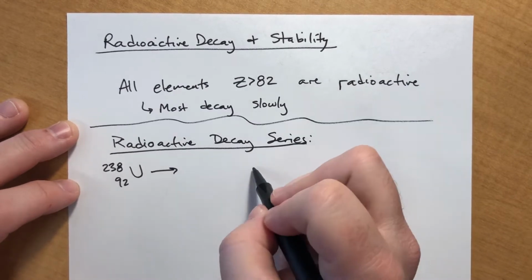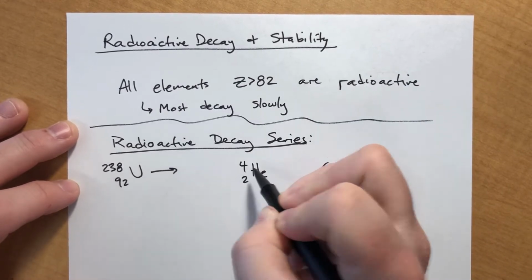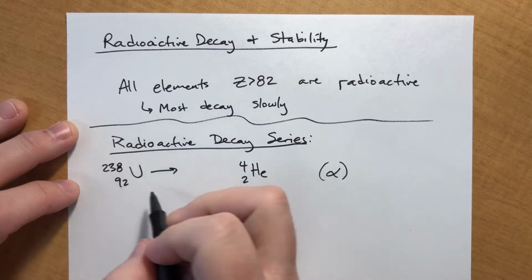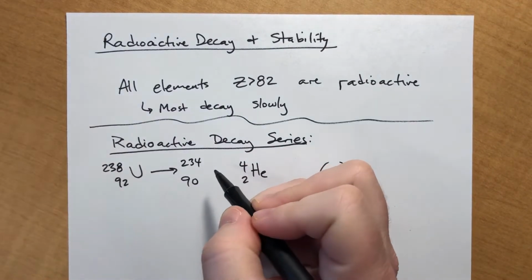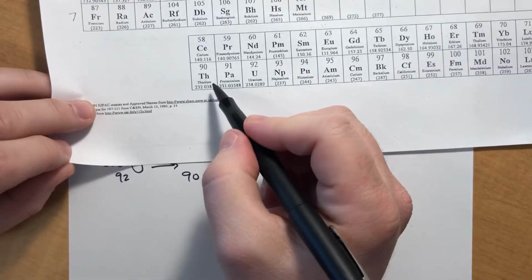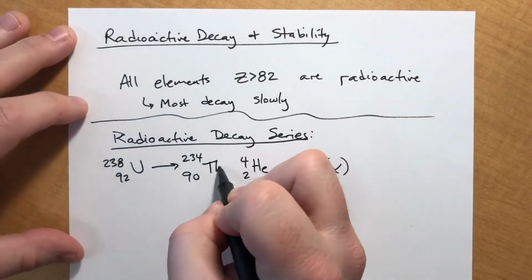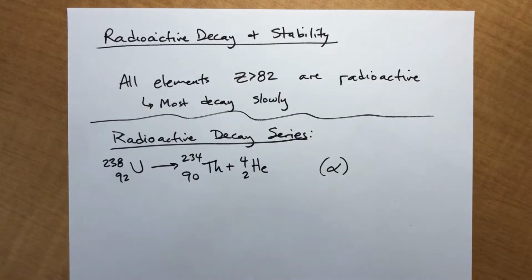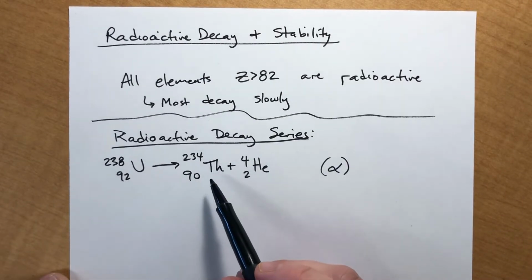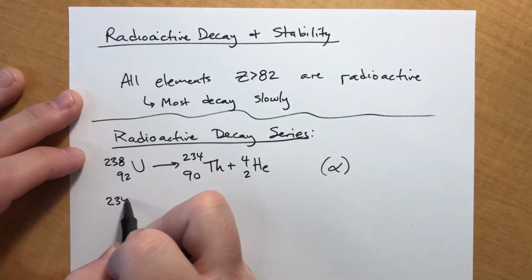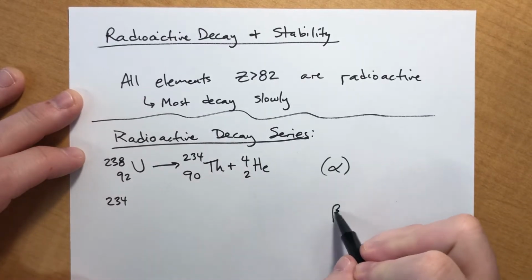So to make this balance out, that's an alpha particle. We need the numbers to work out, so this would be a 90, this would be a 234, and element 90 is thorium. Okay, we've seen that, not a big deal. But it turns out that thorium is also radioactive. This specific isotope is a pretty common beta particle emitter.